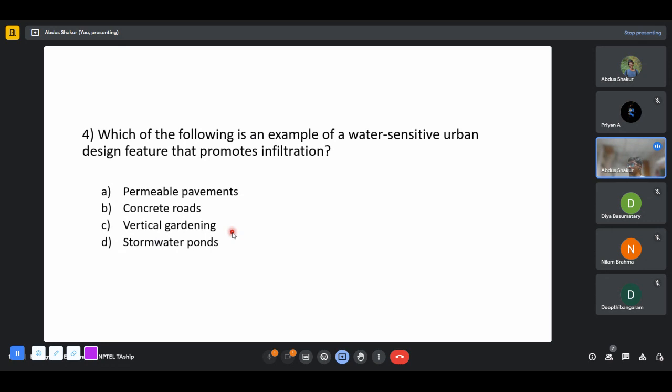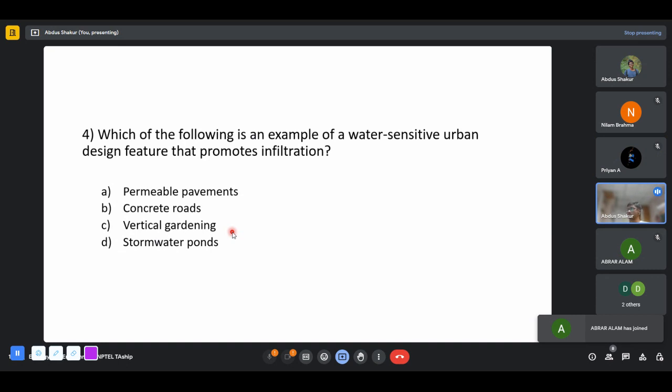And stormwater ponds, huge ponds that collect excess water when storms hit or there is a huge amount of rainfall in a short period of time. All the excess water is diverted through the storm drains to these storage ponds. So which of these four is likely to promote infiltration? The one that lets a lot of water sink into the ground is permeable pavement. Having permeable pavements can increase the recharge capacity of the groundwater.